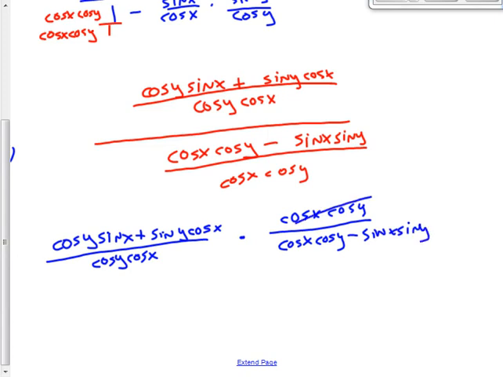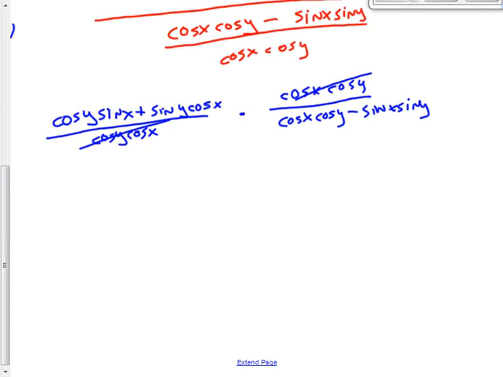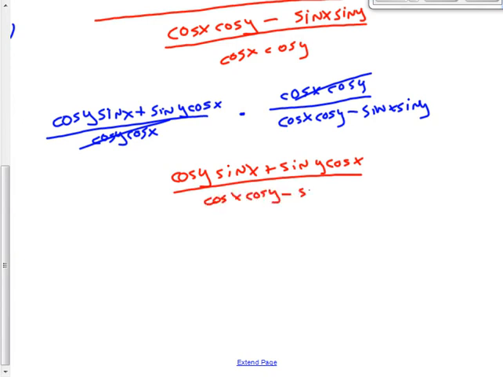And when those two things are multiplied, those two parts are going to cancel out, and I end up with the next step: cosine y sine x plus sine y cosine x over cosine x cosine y minus sine x sine y.